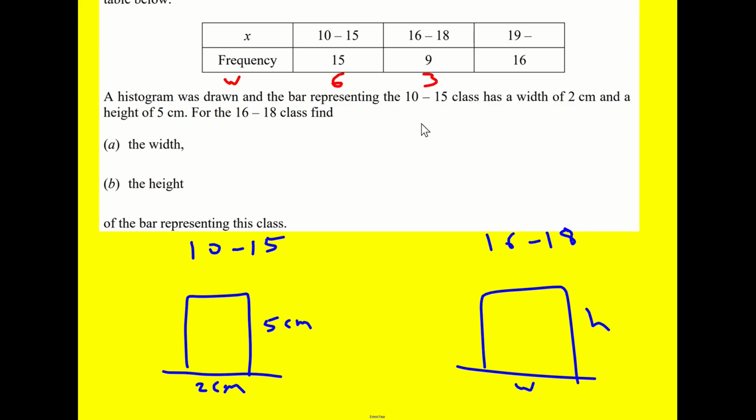So this is a width of 6, and I can see that 1 centimeter equals 3. Sorry, so the width is going to be, I don't know why it took so long to figure that out. It's just half of 2 centimeters, so it's going to be 1 centimeter. Okay, we've got the width.